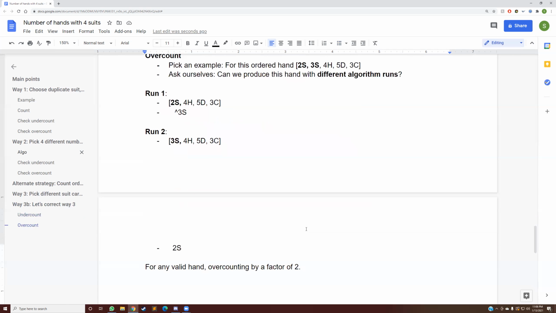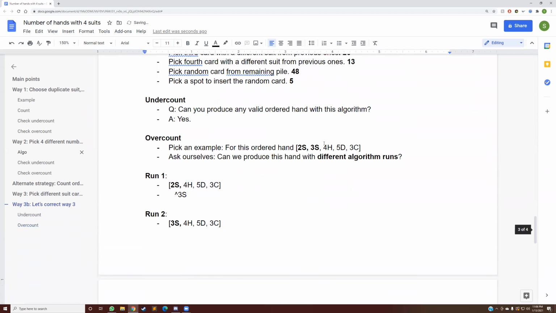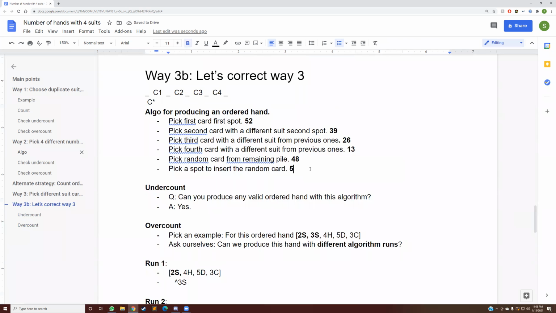So my question to you is, what is our final answer? Final answer for the original problem, or unordered valid hands. What do you think? Yes, you divide by 2 and then divide by 5 factorial.